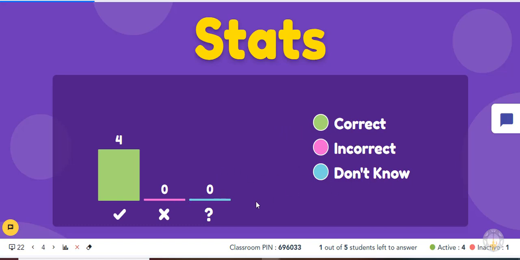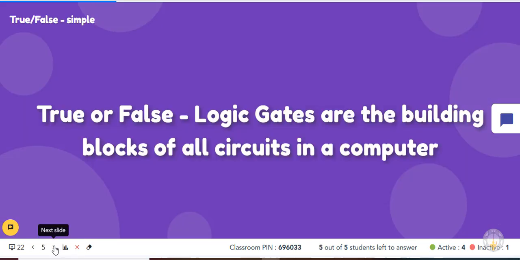That means the confidence is very high for this kind of question for the students of your class. Now we will move to the next question, that is true or false. Logic gates are the building blocks for all circuits in a computer.